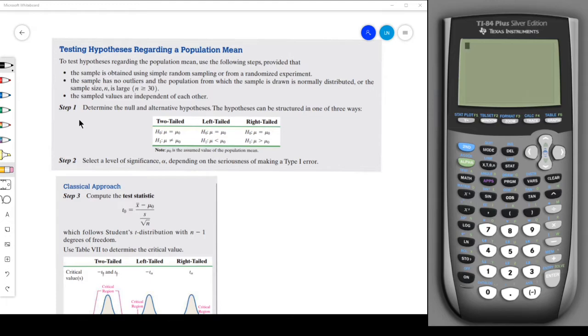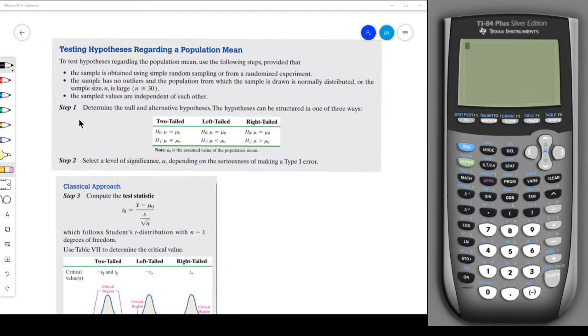The sample values have to be independent from each other. That means the sample can't be too large with regard to the population. As long as those conditions are met, then our test statistic variable should follow the student t distribution, and we'll be able to do the hypothesis test.